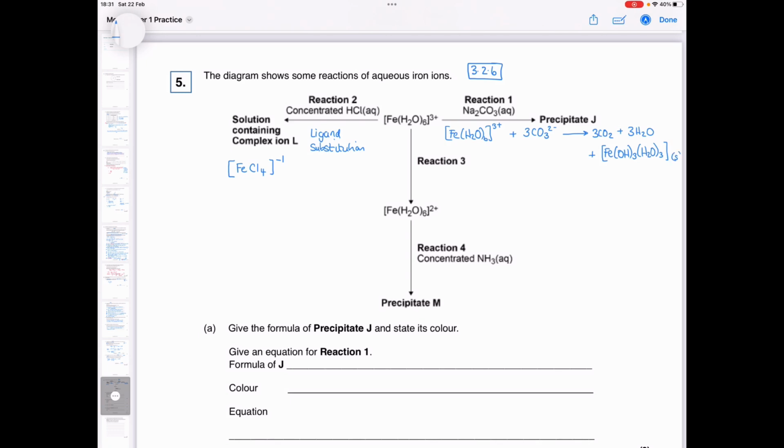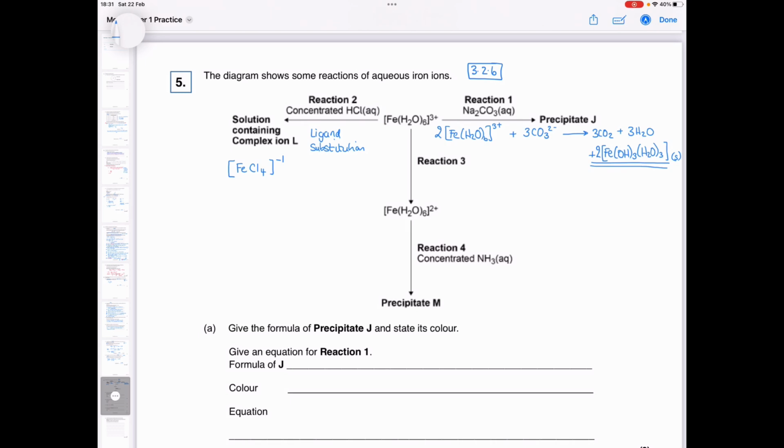And that is a solid complex. Let's just do some balancing now. So that's precipitate J.